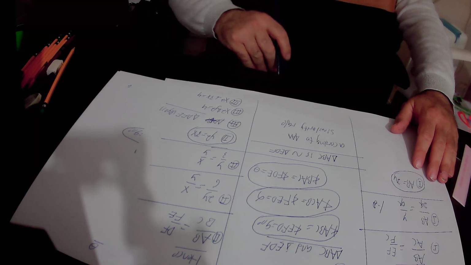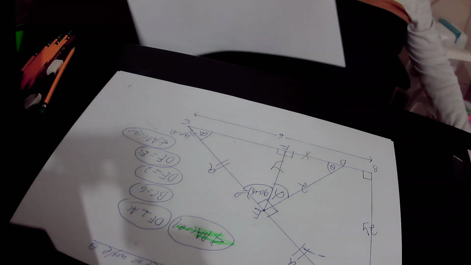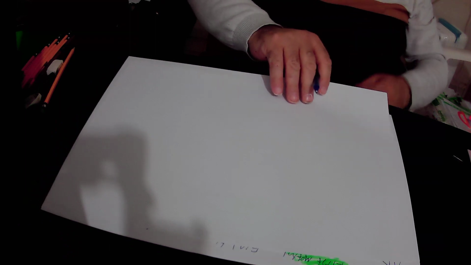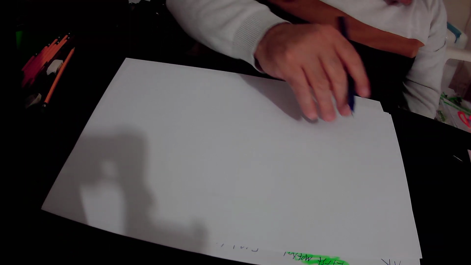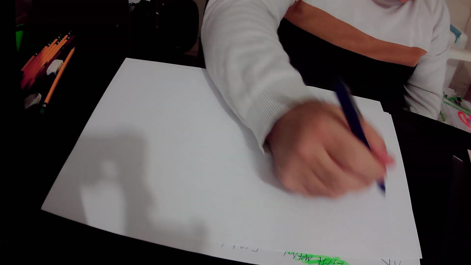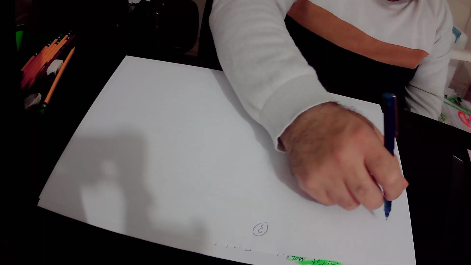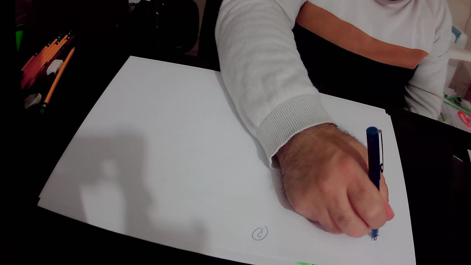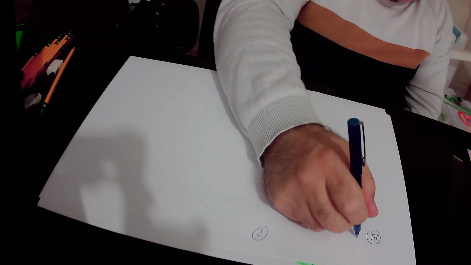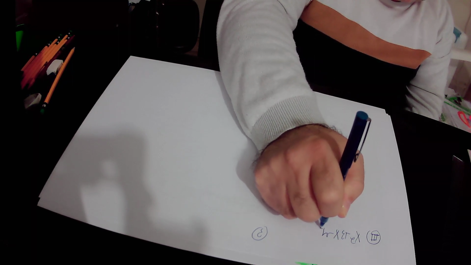So we have here a quadratic equation, x squared plus 3x minus 4 is equal to 0.